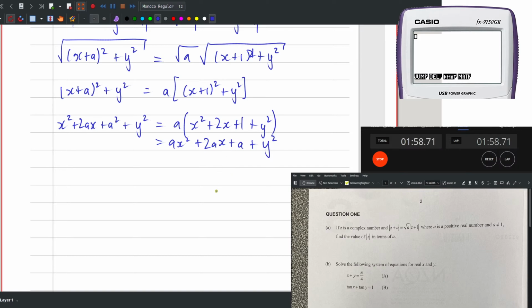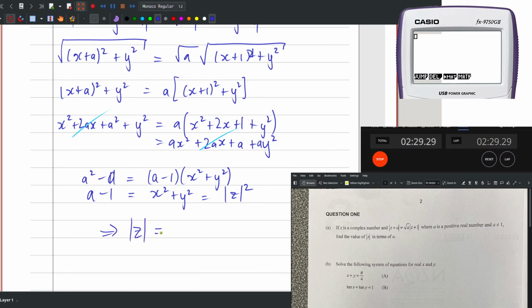Oh no, there should be an a here as well. And then the two ax's cancel. So you get a squared minus 1, a squared minus a equals a minus 1 times x squared plus y squared. I feel like that's not right, but it is what it is. So z is the square root of a minus 1, I think. So yeah, you just bash it.